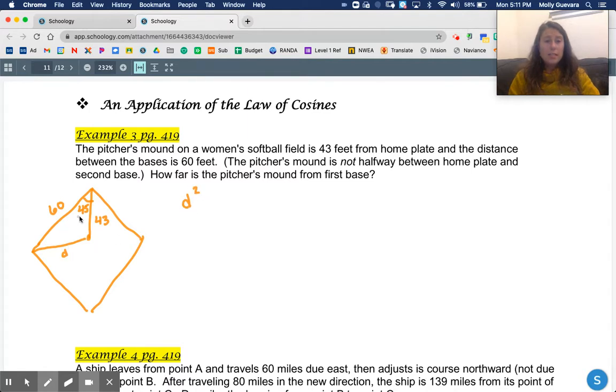So d corresponds with the angle. So whatever side corresponds with the angle is always what's on the other side of the equation. So I have d squared equals 60 squared plus 43 squared minus 2 times 60 times 43 times cosine of my angle, which is 45.